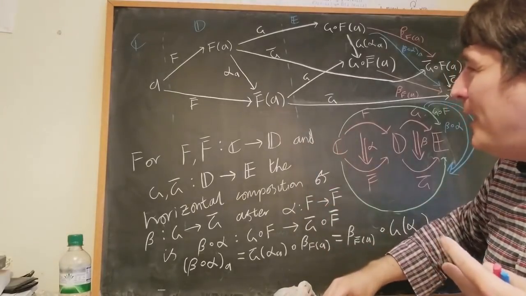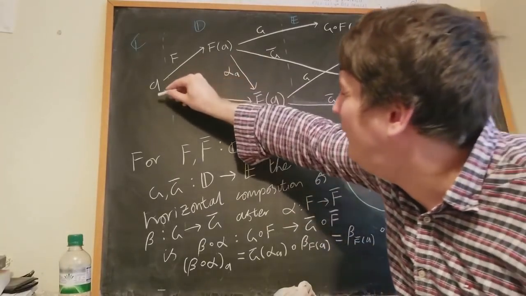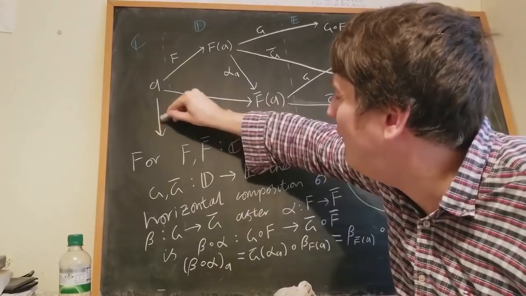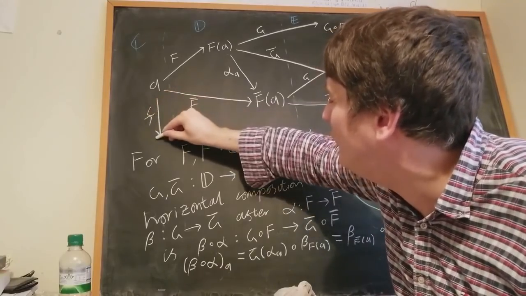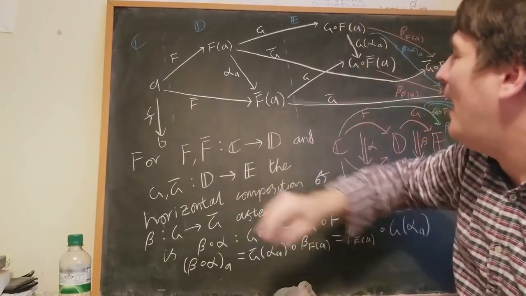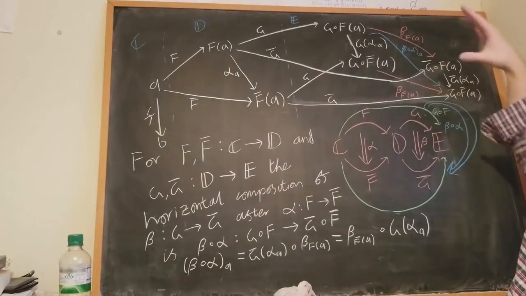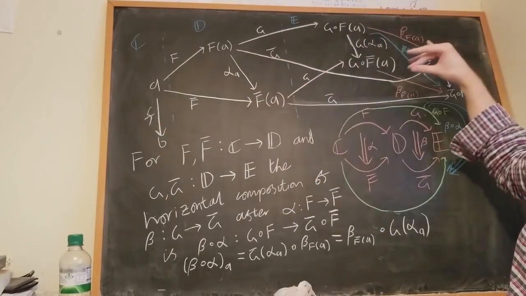All you have to do is start with this and then say, okay, what if we've got an arrow F that goes into an object B? And then again, you branch out a similar structure to what you have here.